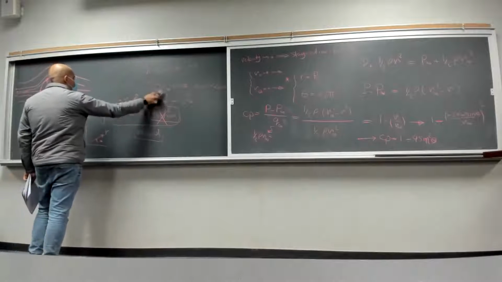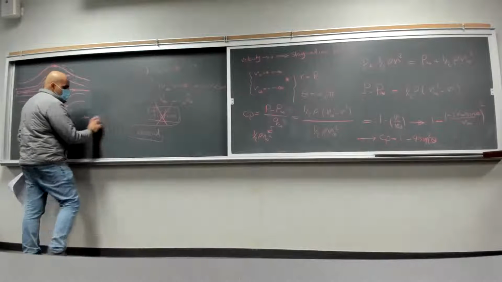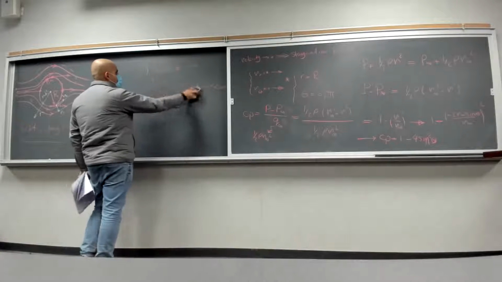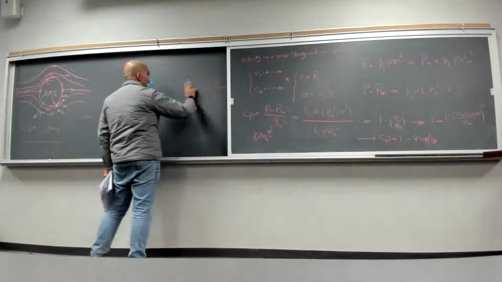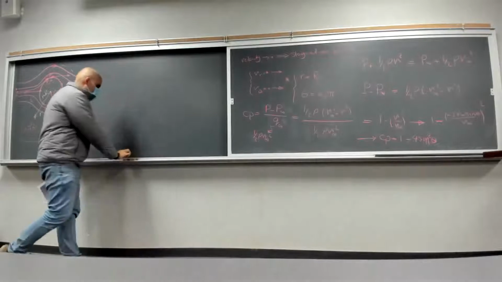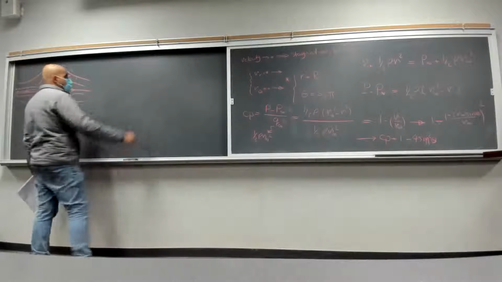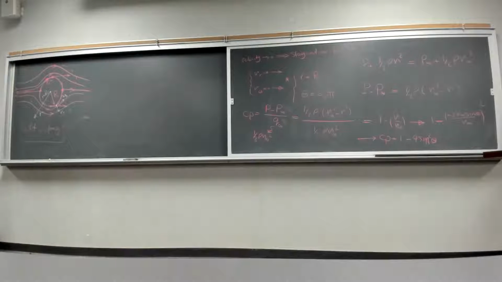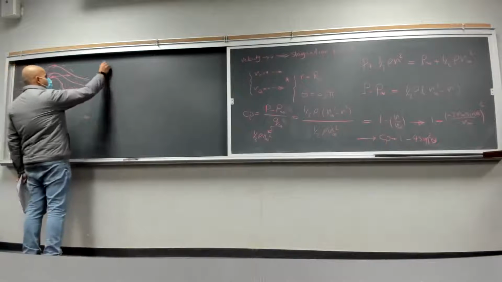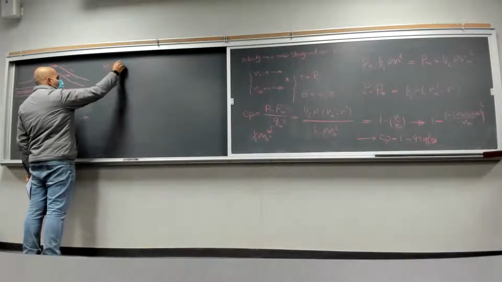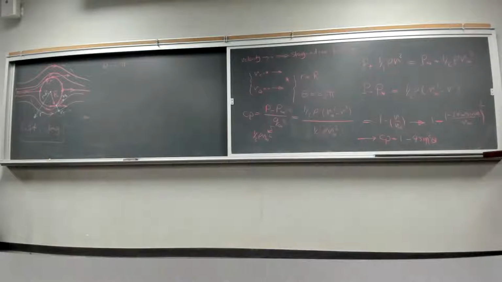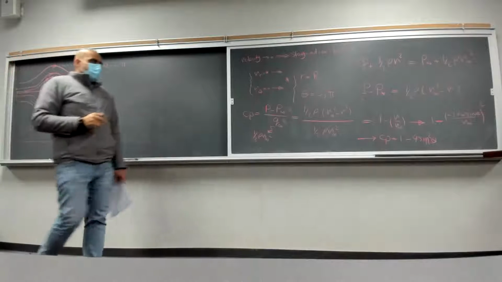How would the distribution of pressure coefficient on this cylinder look like? At theta equals 0 and pi, our stagnation points, what would be the pressure coefficient?